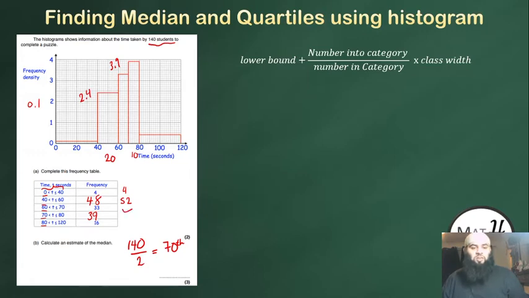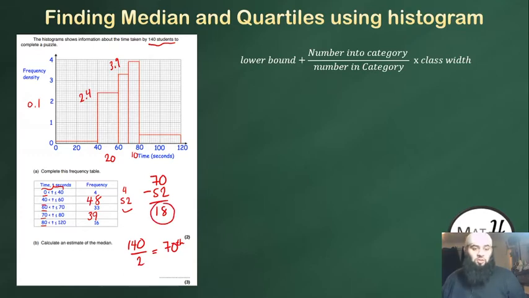So how many does it go into over here? So this is 52. For it to reach the 70th figure, which is the median, we have to do 70 take away 52. That gives us 18.